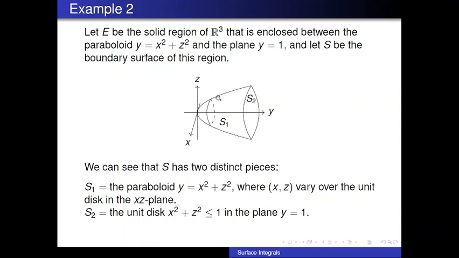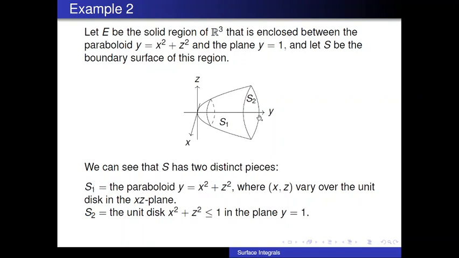This paraboloid opening in the y direction, that's one piece, and then this planar piece is like a disk, modulo the fact that my drawing's a little funny. This is supposed to be a disk. So we'll call S sub 1 the paraboloid piece.